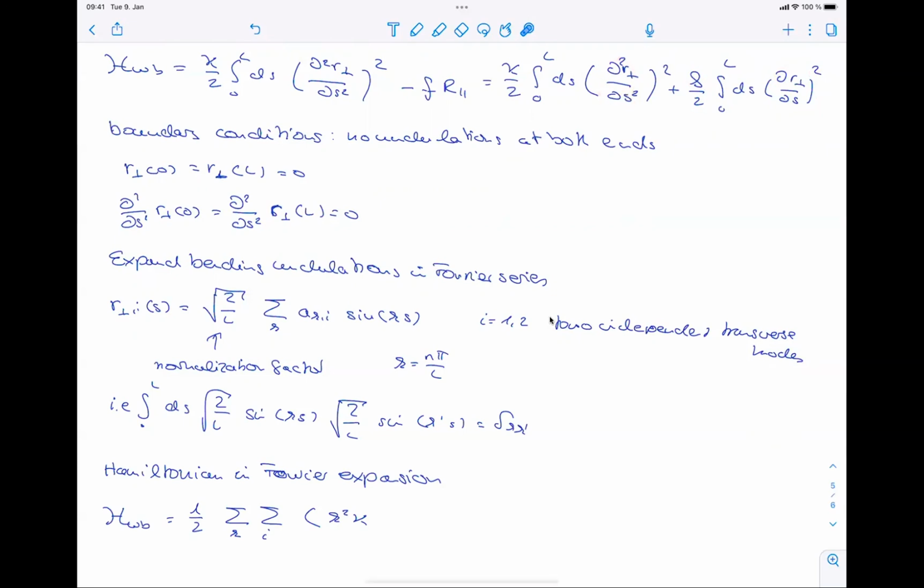This gives me a k squared, but there's another square, so this should be to the power 4. And this gives me a k, and then this is squared subsequently, so that gives me a plus f k squared A_k squared. There we go.